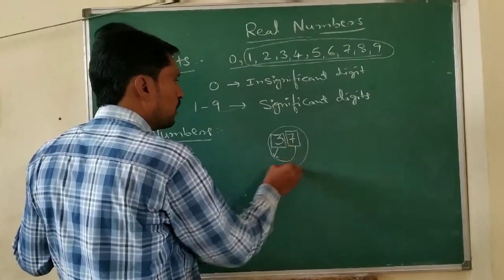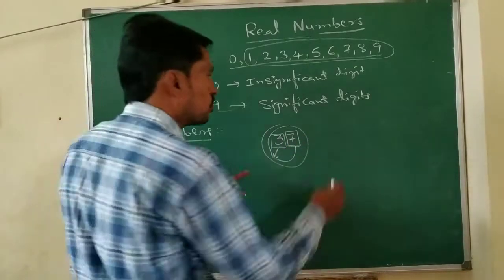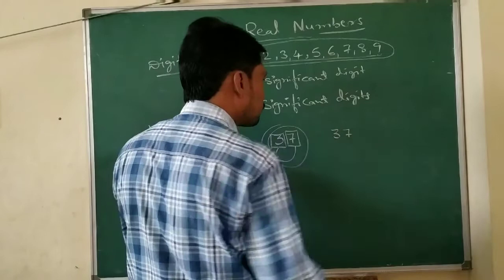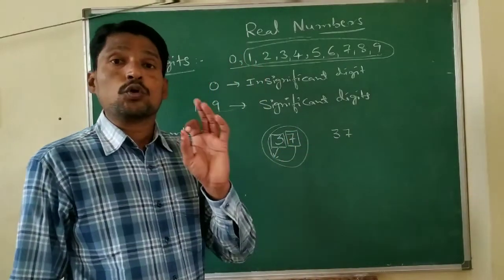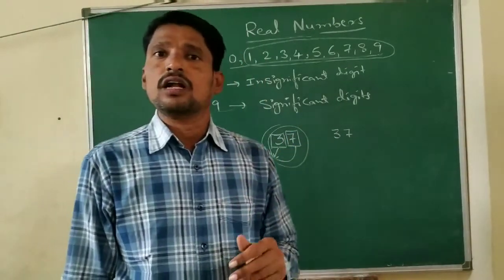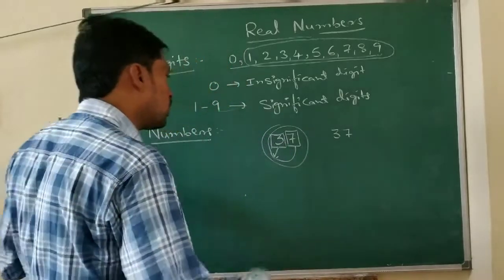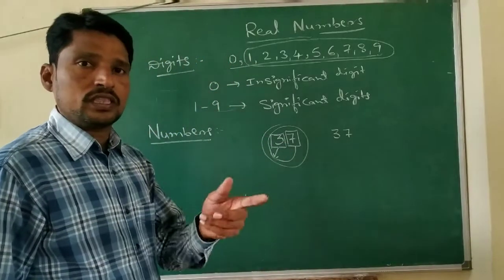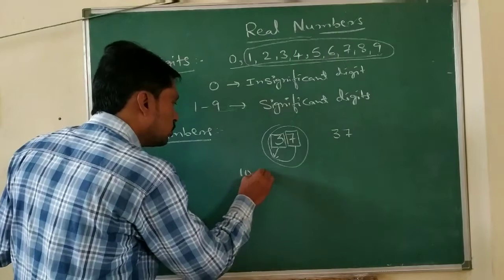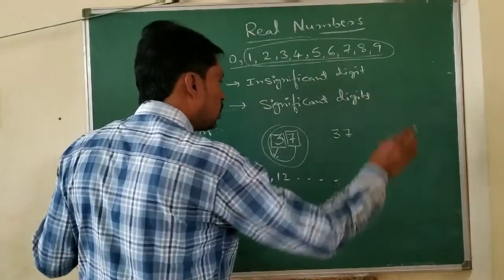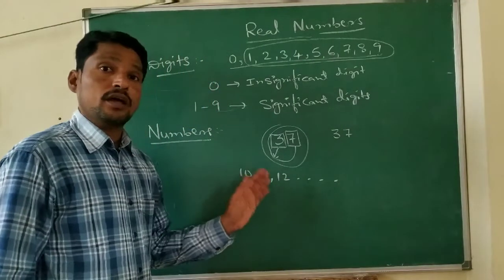This combination is what we call a number, so 37 is a number. Or we can say 2 or more digits are called numbers, starting with 10, 11, 12, 13, and so on. These are all called numbers.